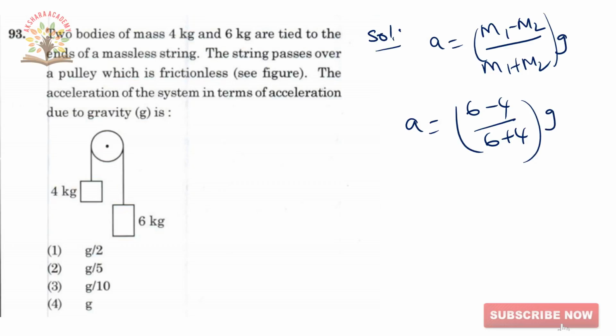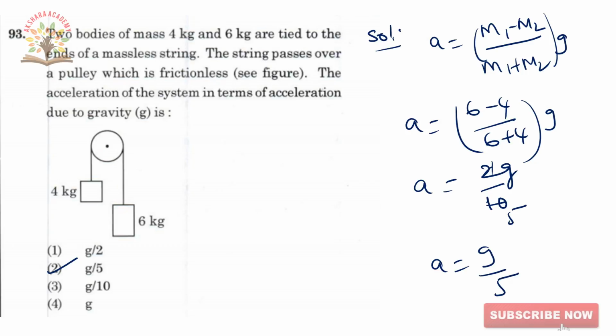Actually this second option is the correct answer. A is equal to 2g by 10. So the second option is the correct answer. So A is equal to g by 5.